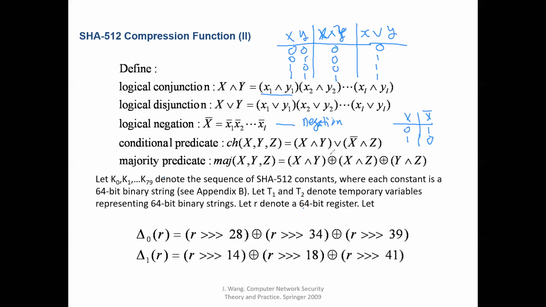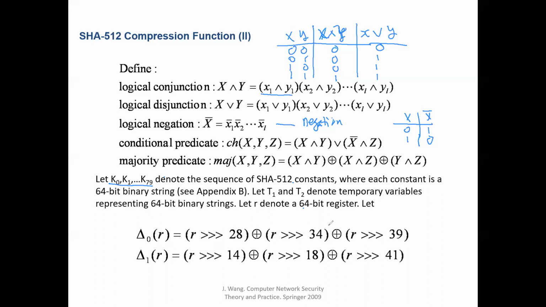And then we also use a sequence of 80 constants. So these constants are K0 up to K79, 80 of them. And then we define two functions, delta 0 and delta 1.